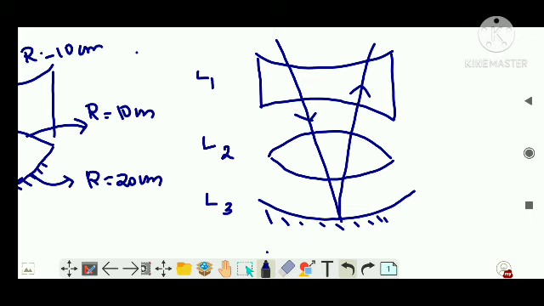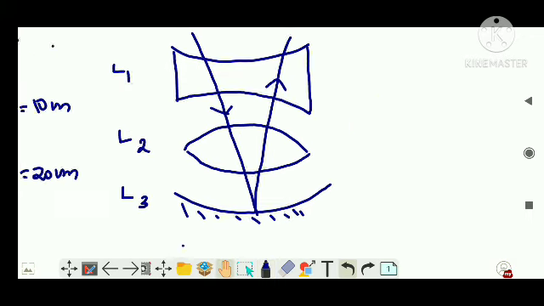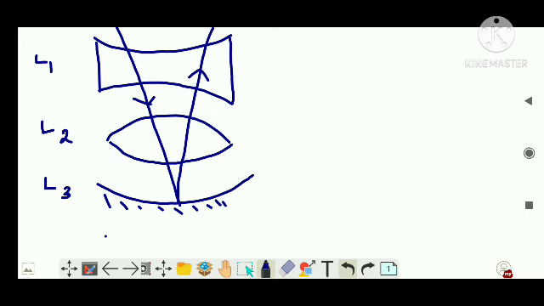Clear? Now we know the equivalent power PE will be P of lens L1, because once it has passed here, plus P of L2, plus then it reaches the mirror, the power of mirror, right? Plus again, the image formed after each element will become the object for the next.